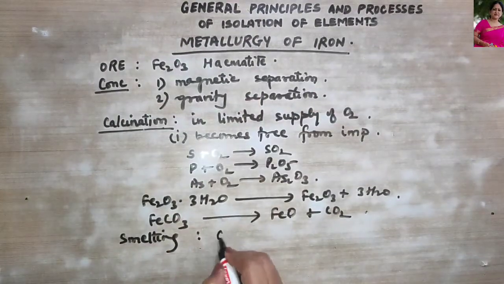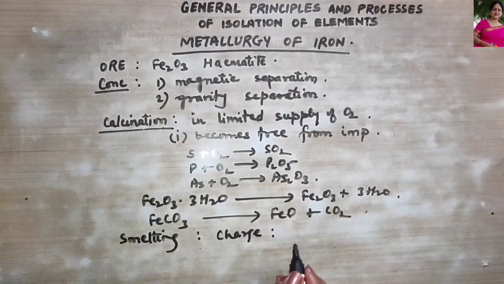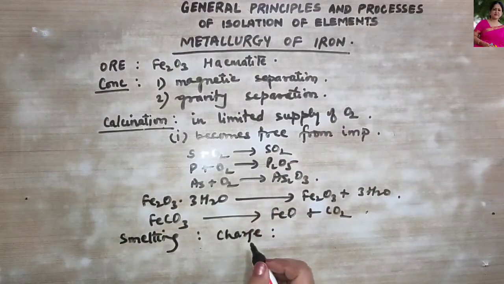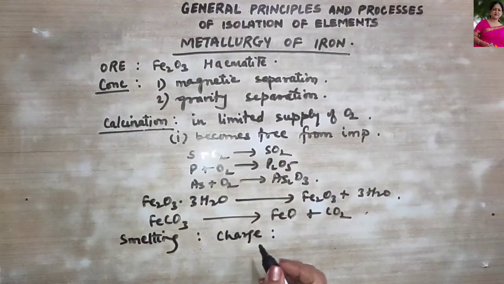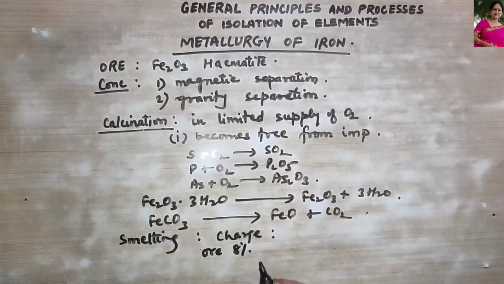So what is the charge that we are going to add over here from the cup and cone arrangement? The charge that we are going to drop from the cup and cone arrangement contains the ore, which is 8%, right?